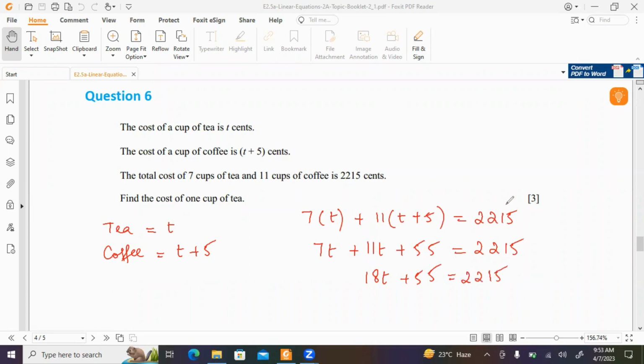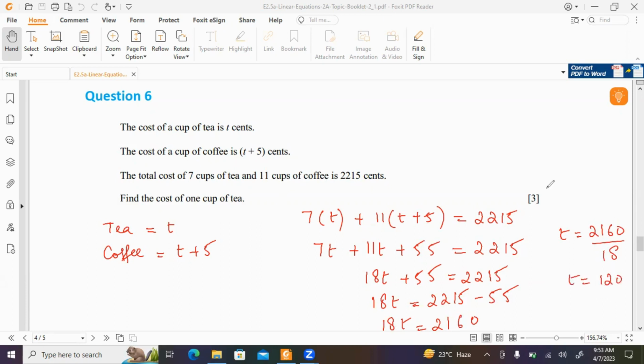Since the constant is on the left-hand side, we're going to take the 55 to the right-hand side, which will give us 18t equals 2160, and t would be 2160 divided by 18, which is basically 120.